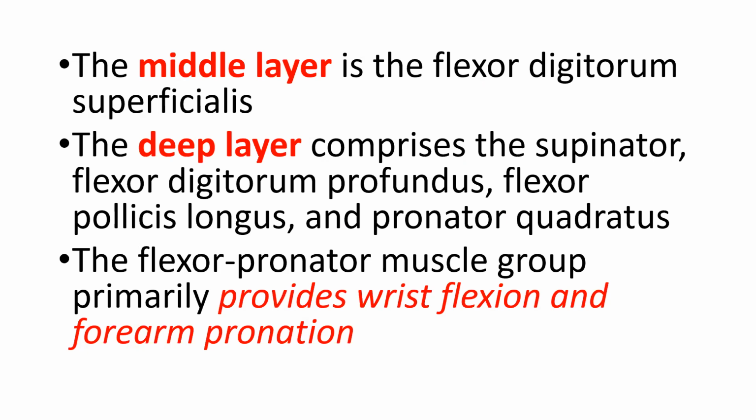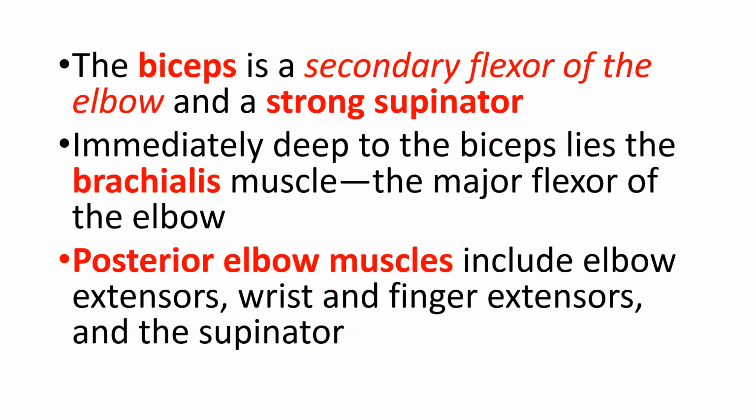The flexor-pronator muscle group primarily provides wrist flexion and forearm pronation. The biceps is the secondary flexor of the elbow, and it's a strong supinator.